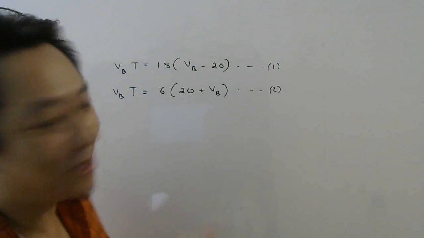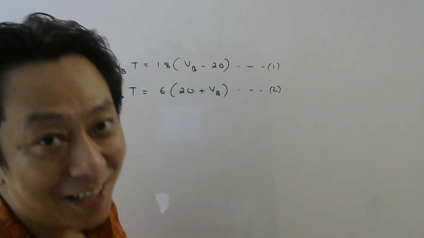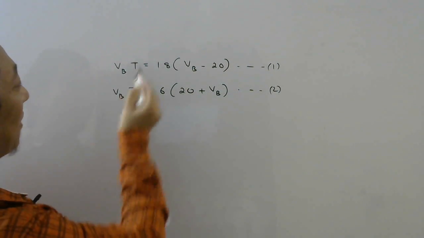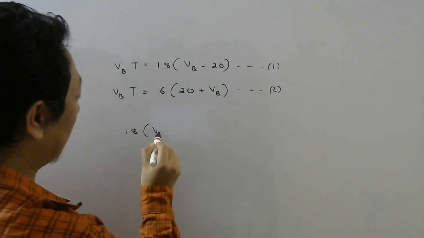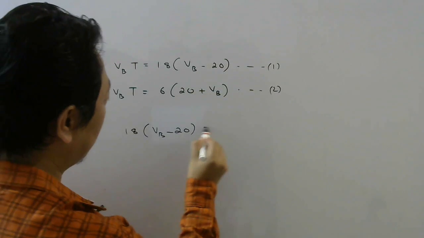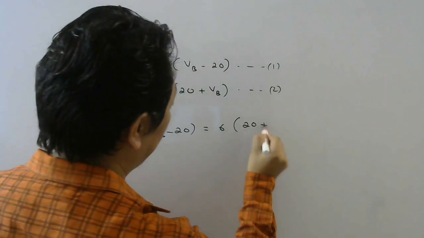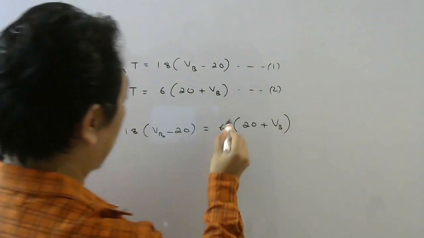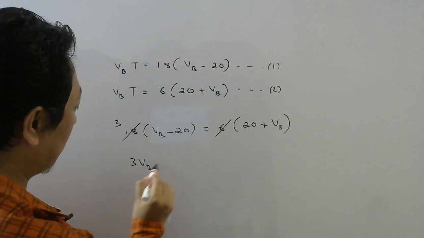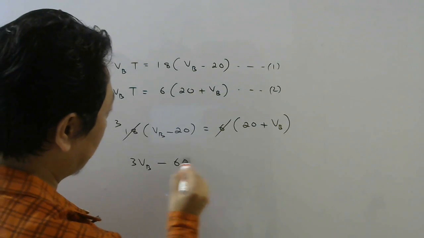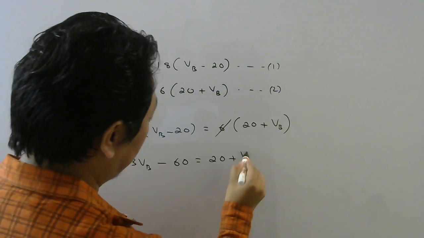So now it's quite simple. We have these two equations which we can easily solve. If you look at the left hand sides are same, so right hand side also should be same. So 18 into VB minus 20 should be 6 into 20 plus VB. And here 6 3s are 18, 3 into VB will be 3 VB, minus 3 into 20 will be 60, equals 20 plus VB.